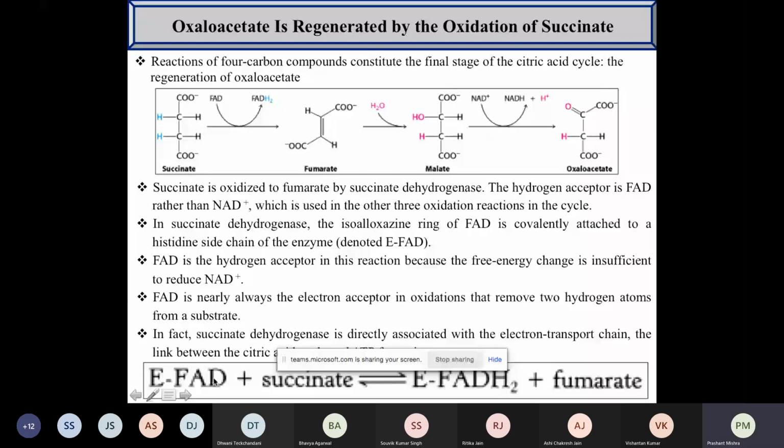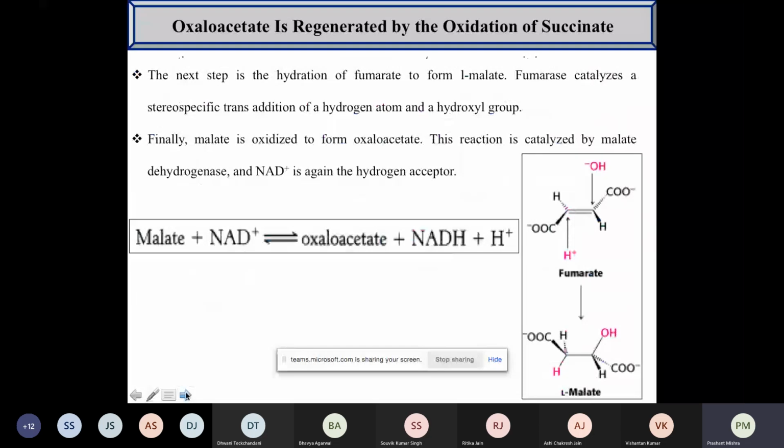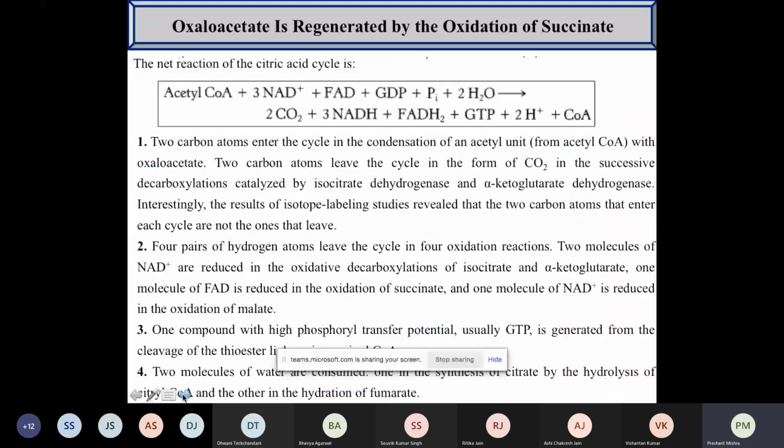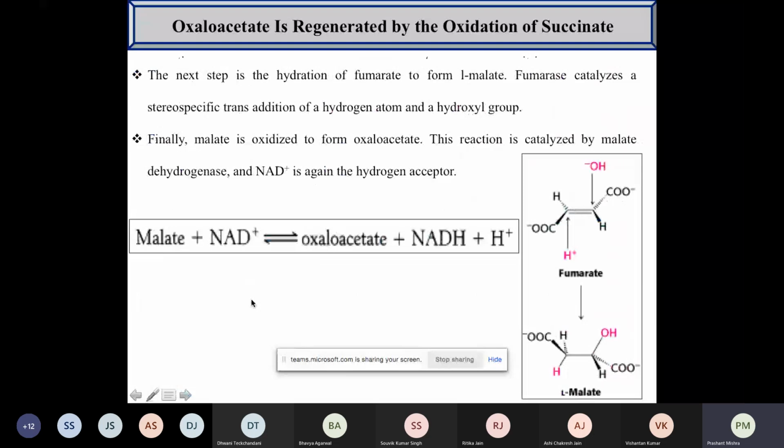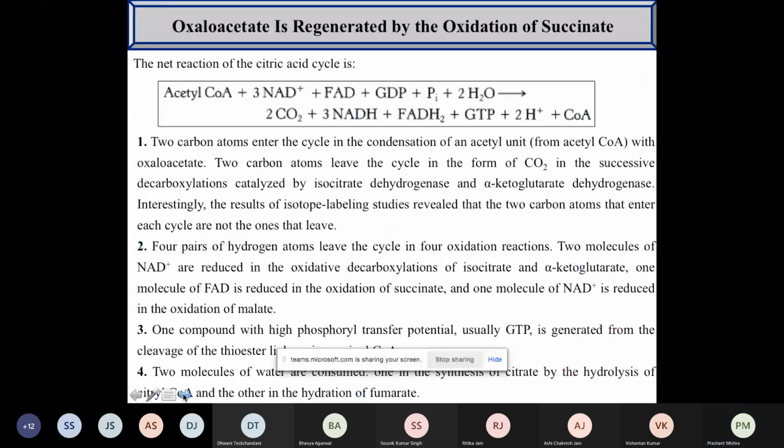So oxaloacetate regeneration is important, because once oxaloacetate is formed, it will again bind with acetyl CoA and the reaction will proceed. This is the last step in the cycle, the regeneration of oxaloacetate.